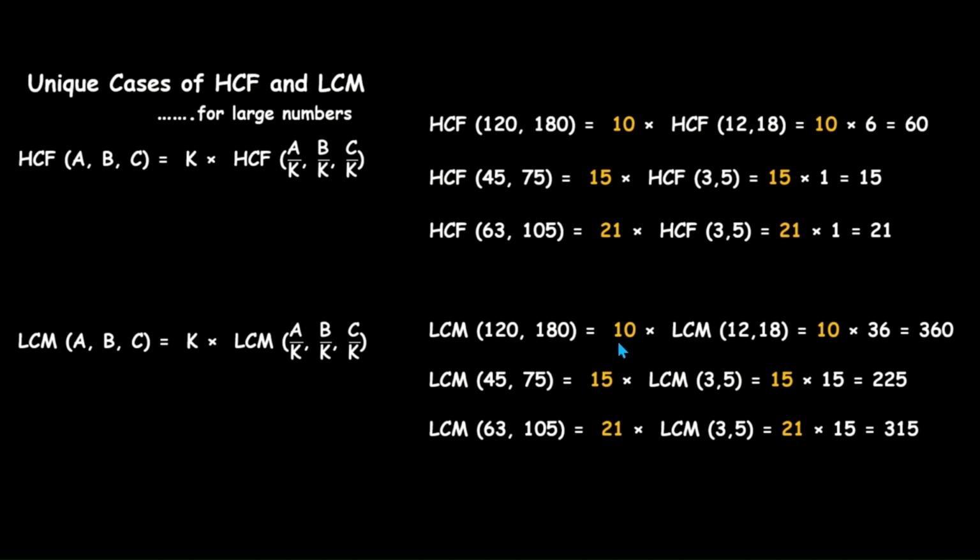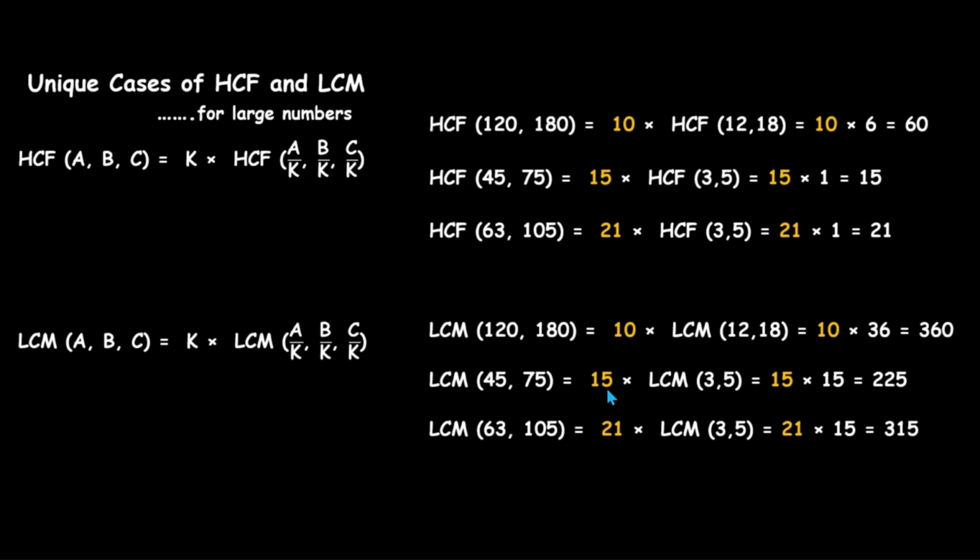So if we take 10 out, the numbers would be reduced to 12 and 18. And LCM of 12 and 18 would be 36. So multiply that 36 with the common factor that is taken out, 10. So the LCM would be 360 for 120 and 180.